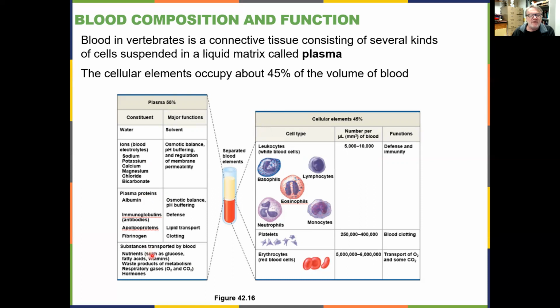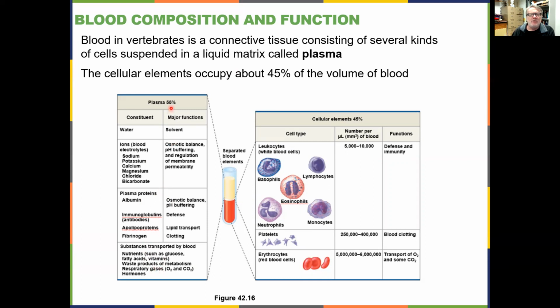And then we have all the substances that we know as nutrients, such as glucose, fatty acids, the vitamins. But we're also going to have waste products that are produced by living cells of the body tissue, the products of metabolism, carbon dioxide, nitrogen waste. And of course, we also are going to have oxygen that's going to be delivered to the mitochondria to produce ATP.